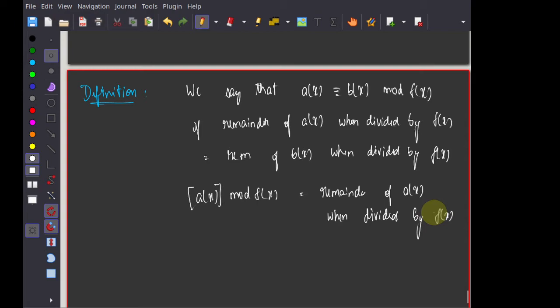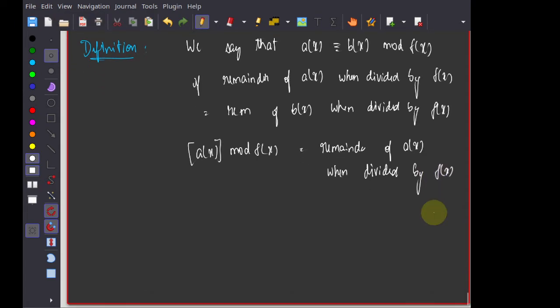Just notation. So what are some properties of the mod function? If I take a of x plus b of x mod f of x, then what is this equal to?